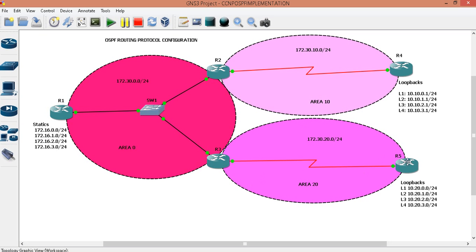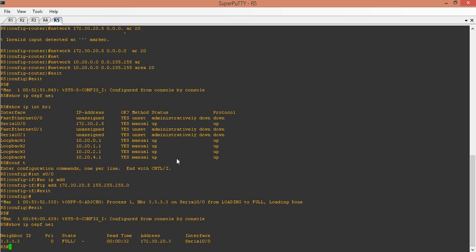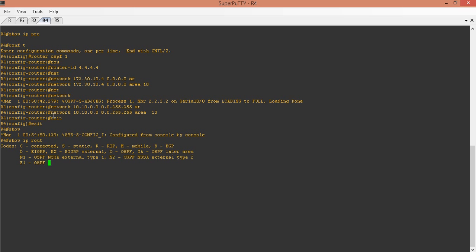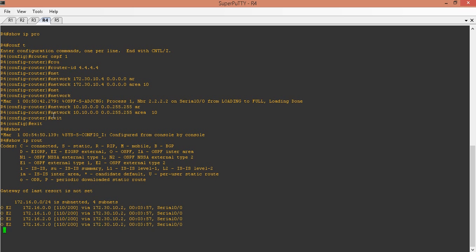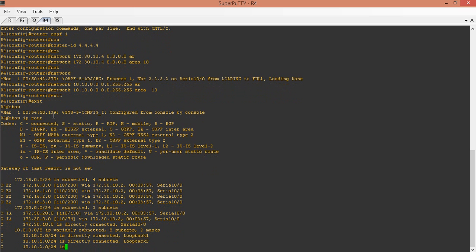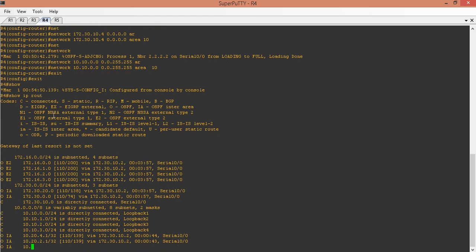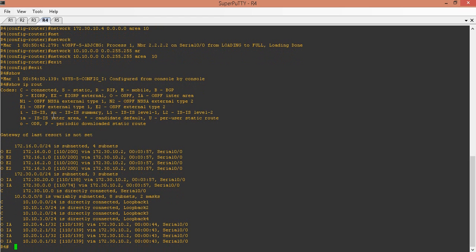Now I'm going to see the routing table. Let me see the routing table here. So IP route. This router should be seeing all the networks, all the routes in this network, and even the external routes. So this is it. I should be able to ping the loopbacks on router 5 from router 4.